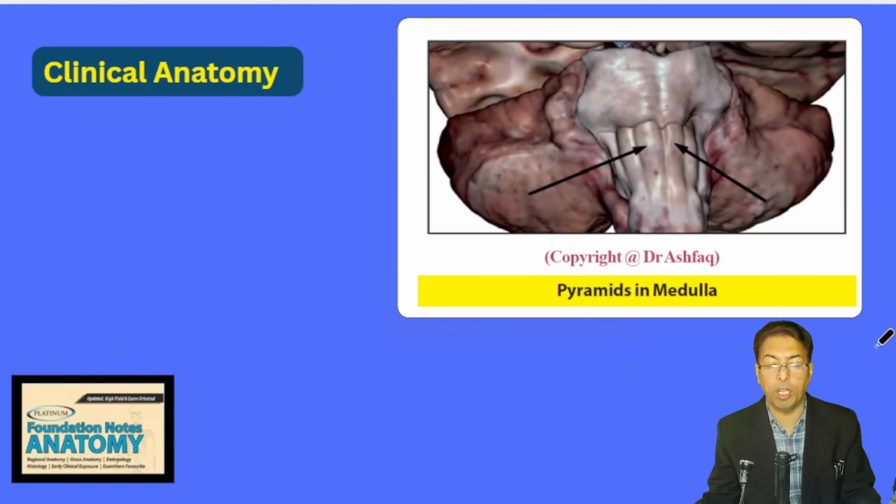These are the projections which we give the name pyramids, just like the pyramids of Egypt. Not that huge, but overall they are given the analogy of the pyramids because they are more prominent than the other parts in the medulla. So that is what we say pyramids.